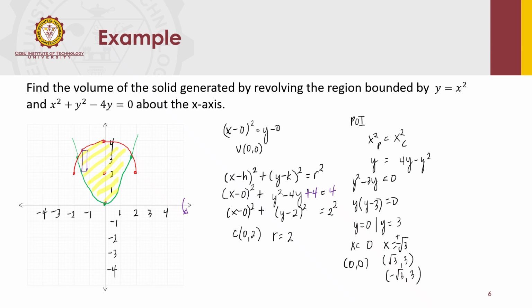So we have here the outer radius, which touches the circle, and then the inner radius would be touching the green curve, the parabola.